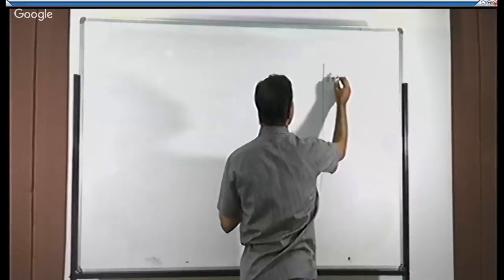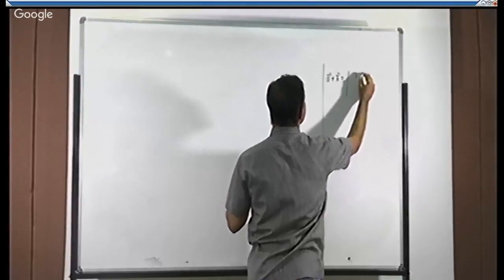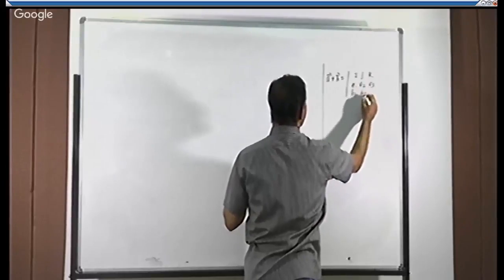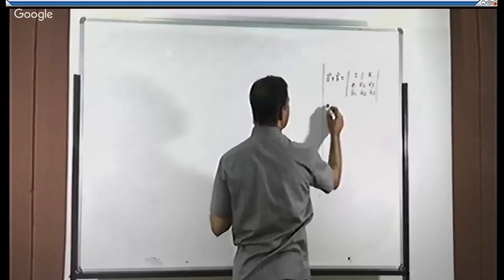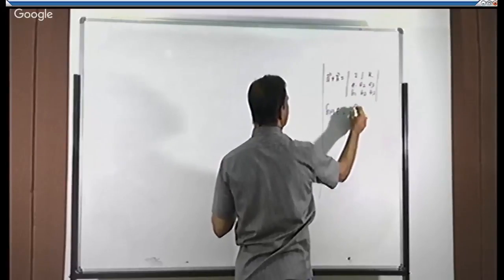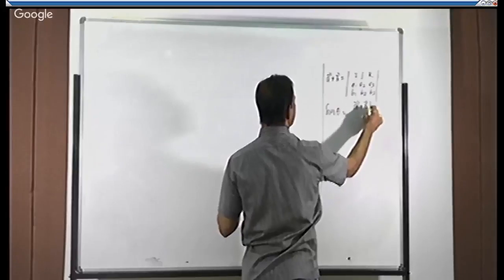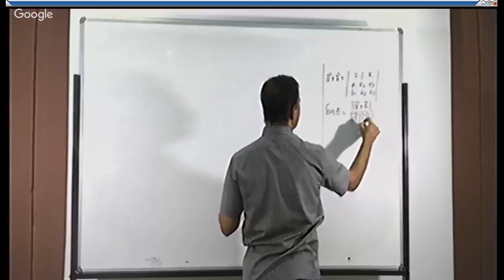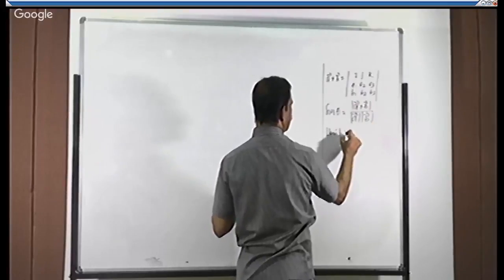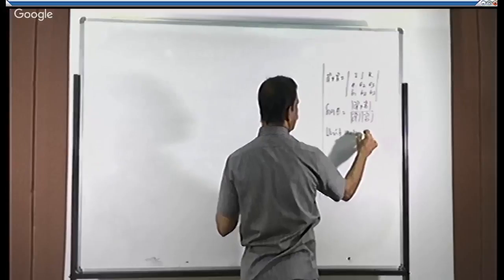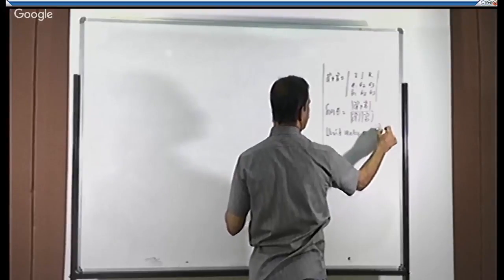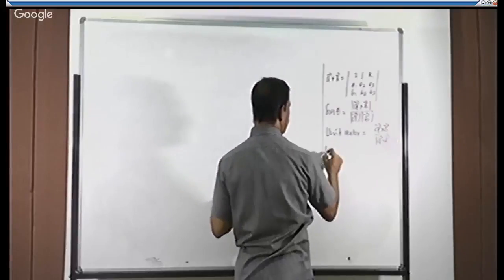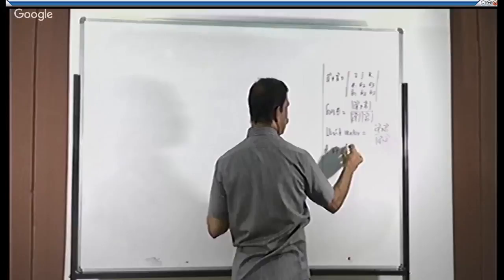See, A cross B is equal to the determinant of I, J, K, A1, A2, A3, B1, B2, B3. Sine of the angle is equal to magnitude of A cross B divided by magnitude A, magnitude B. Unit vector perpendicular to both A and B is vector A cross B divided by magnitude of A cross B. Area of triangle is equal to what?